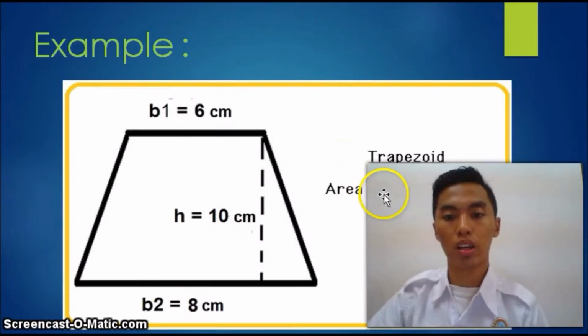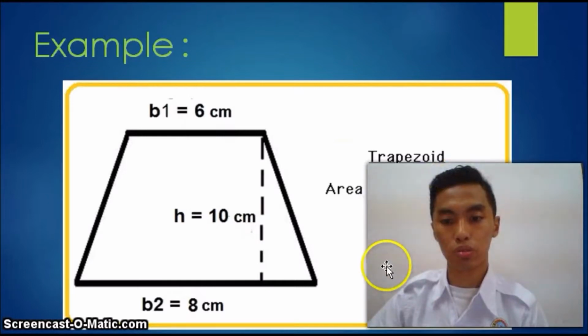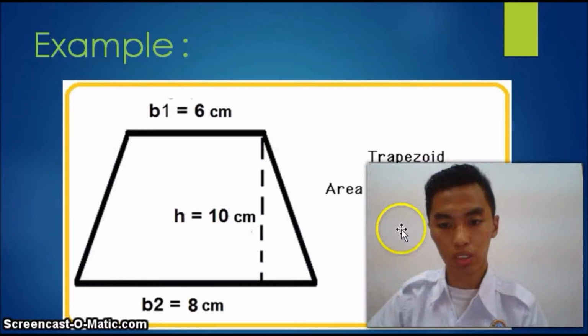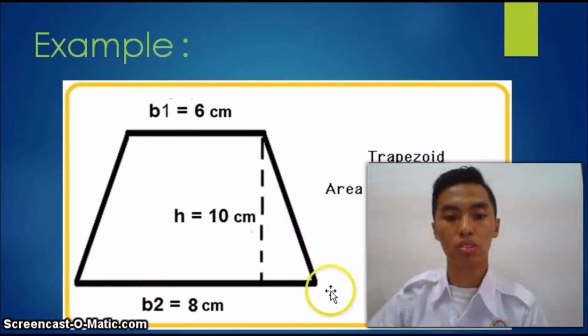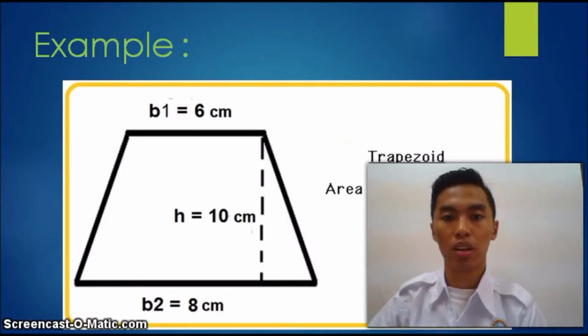Area equals half times h, multiplied by b1 plus b2. Half times 10 equals 5, 6 plus 8 equals 14, so 5 times 14 is equal to 70 centimeters squared.